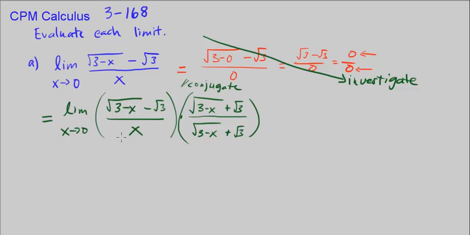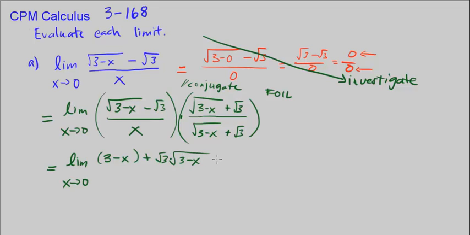That's the conjugate. Now let's multiply the numerator, using FOIL. The first terms are the same and under a square root, so we get rid of the square root, and that's 3 minus x. The outside term is square root of 3 times square root of 3 minus x.